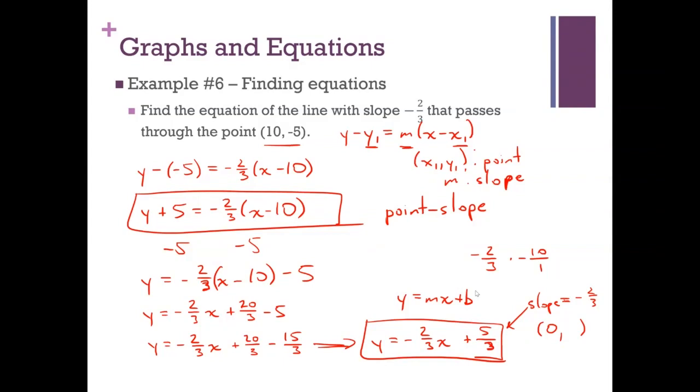What are the coordinates of the y-intercept? 0, 5/3. So that's one thing, and again, this is called slope-intercept form because the slope and the y-intercept are the two pieces of information you can get from it. One thing I wanted to highlight is that you can use one of those forms to get to the other by isolating y and by simplifying wherever you can.